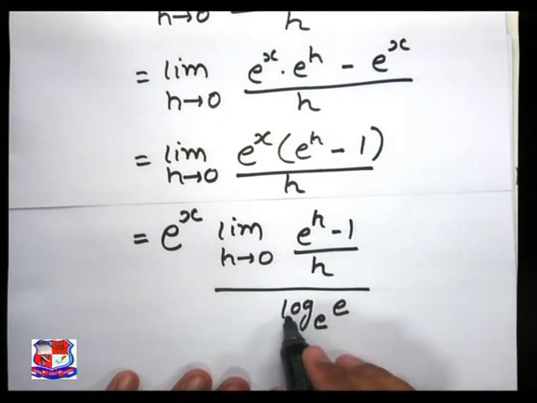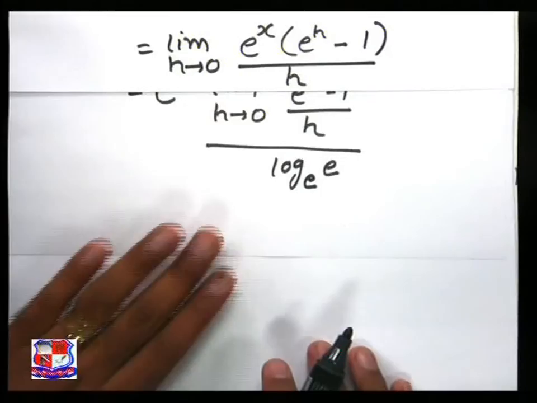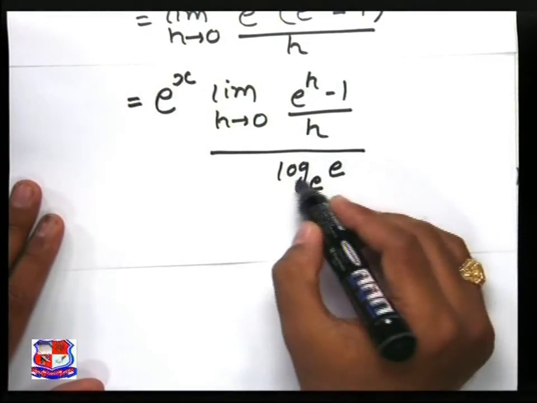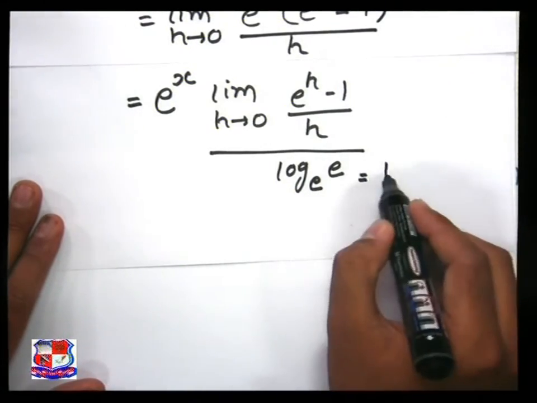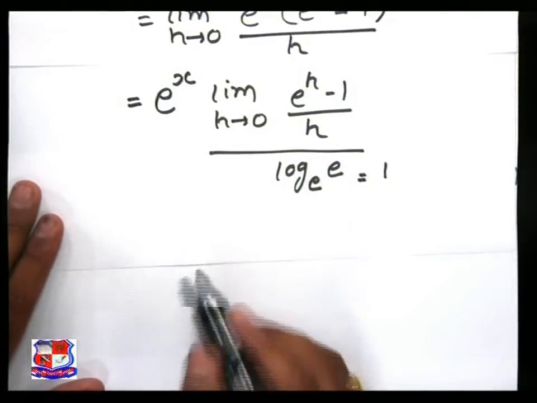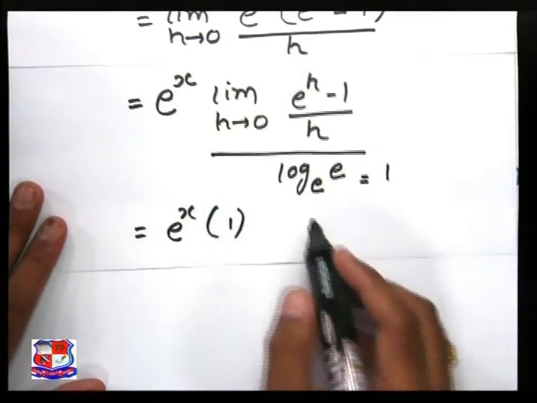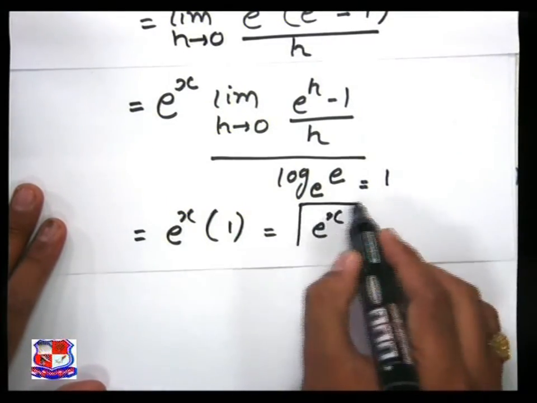So finally we get log e base e, but whenever the value and the base in a logarithm are the same, log e base e equals 1. So this is nothing but 1. This multiplied with e raised to x gives e raised to x into 1. So finally our result is e raised to x.